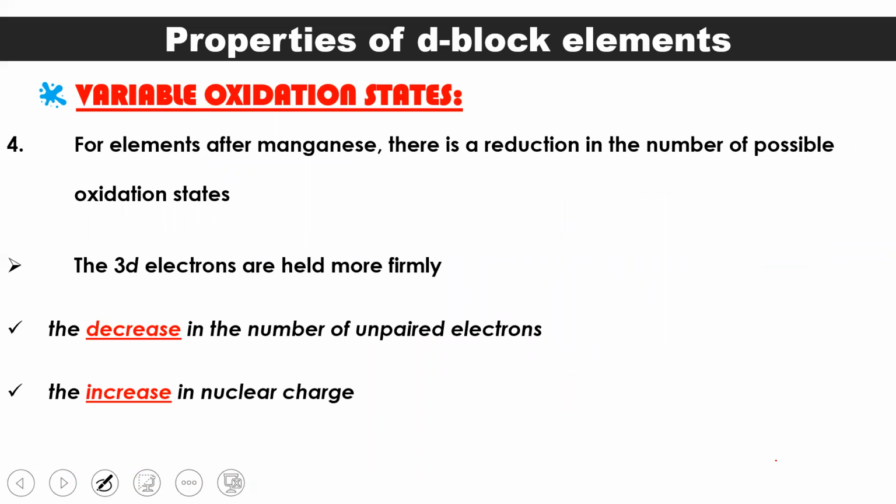That is because of the decreasing number of unpaired electrons and also the increasing nuclear charge from manganese to zinc.